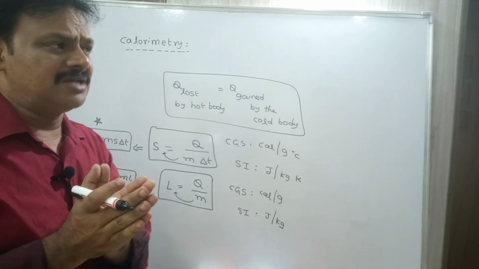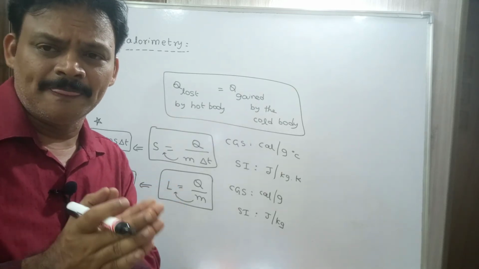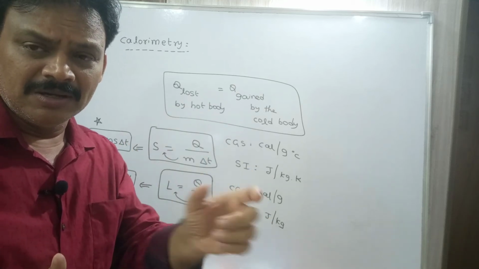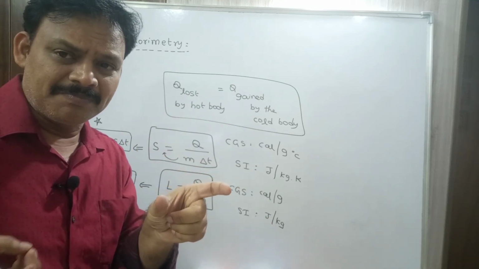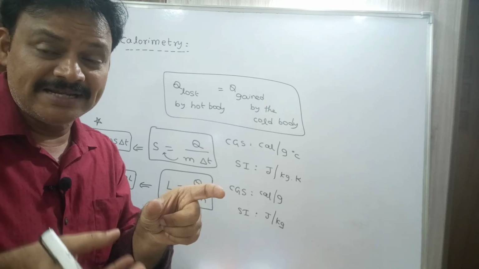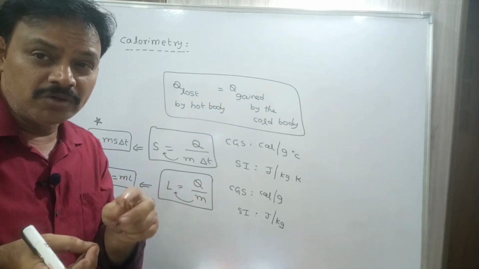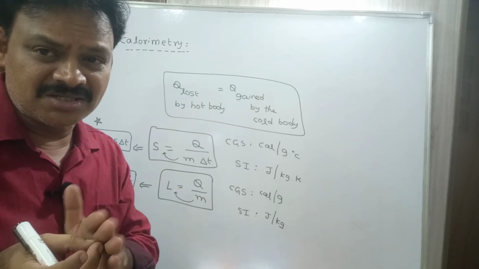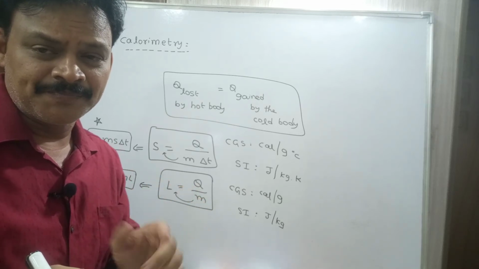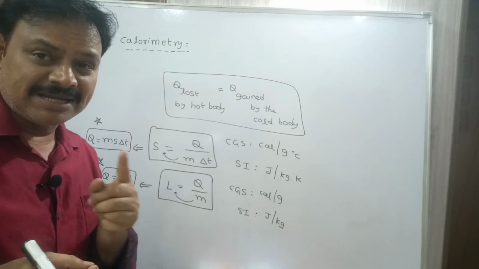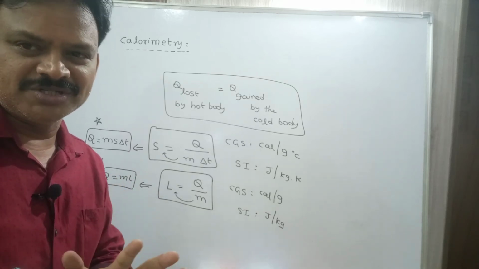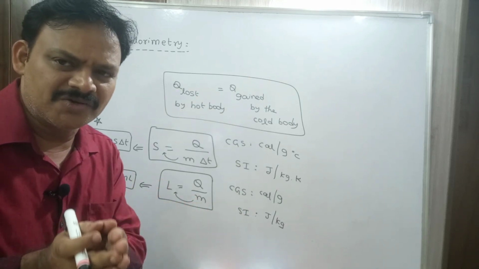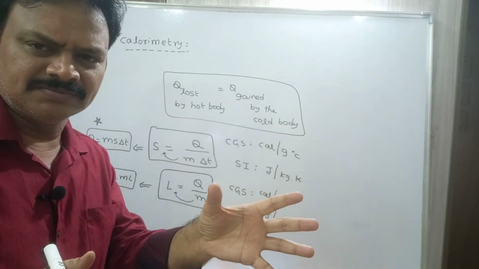Suppose the ice takes almost 10 minutes to convert completely into water. But during these 10 minutes, the supplied heat energy will be utilized only to change the state of the substance. The heat will not increase any temperature. Got it? So during the change of state, temperature remains constant. Only the state changes. And suppose the 10 grams of ice completely convert into water.